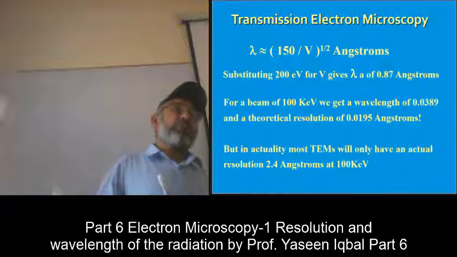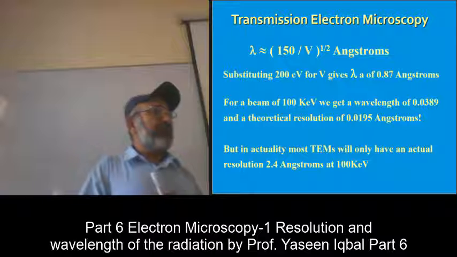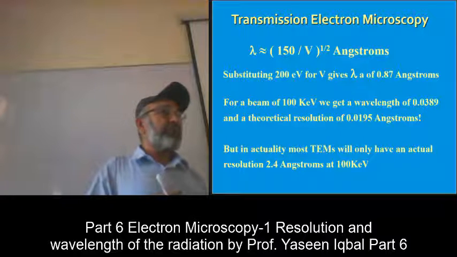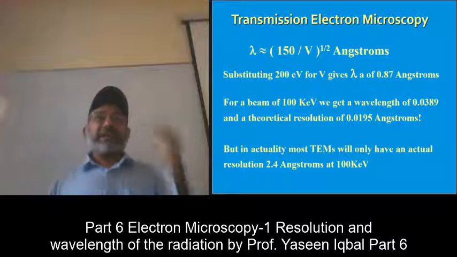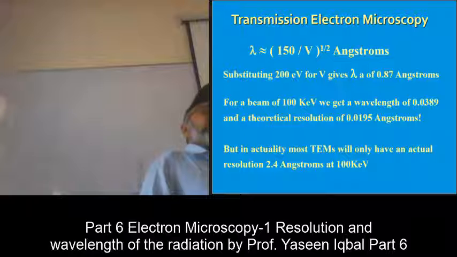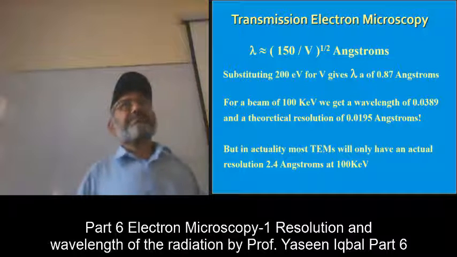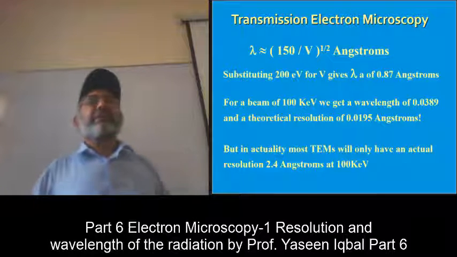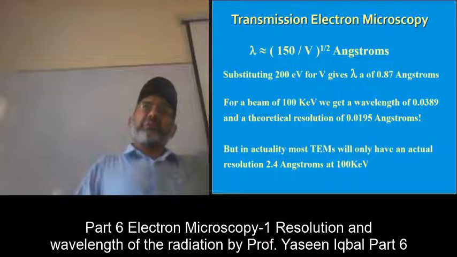If the machine is old, there are many features which cannot be used there. The errors will be more. Right? So the quality of the operator as well as the quality of the machine determines the actual 2.4 angstrom resolution. Nowadays, most of the machines in the labs are 200 kV and above.